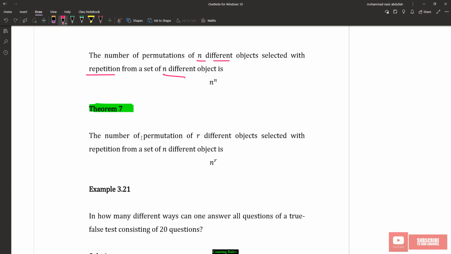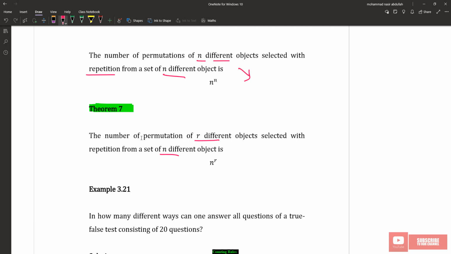Theorem number 7 is the number of permutations of r different objects selected with repetition from a set of n different objects. Basically, theorems 6 and 7 you don't need to know, but they make your calculation shorter, and they basically come from theorems 1 and 2.